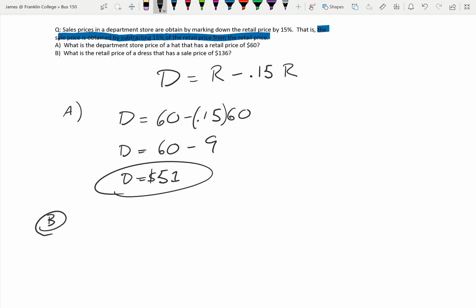All right. B, what is the retail price of a dress that has a sale price of $136? That's saying if the department store sale price is $136, what is the retail price? So once again, we plug in 136 for our D variable, and we want to solve for the retail store price.